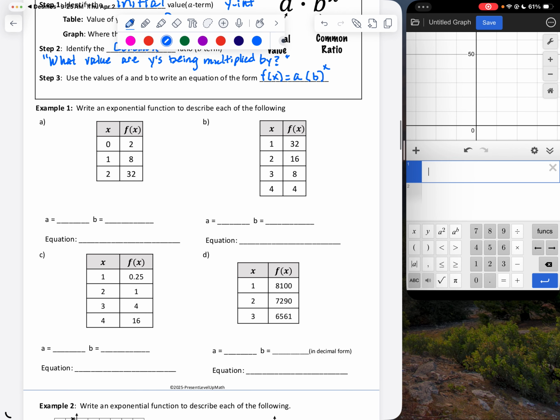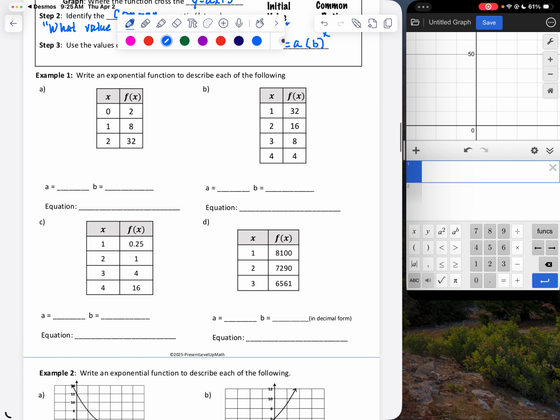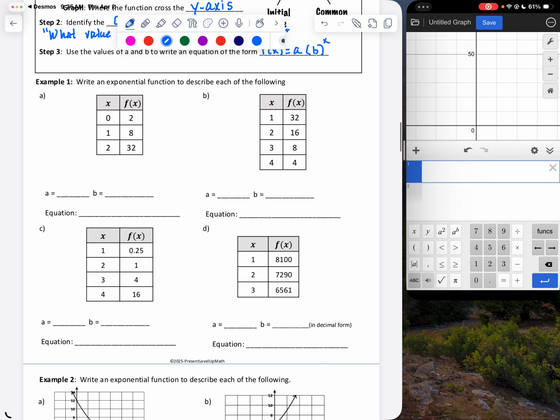So in example 1, it says write an exponential function to describe each of the following. In problem A, we already know it's given to us that this is an exponential function. So the first thing we want to do, step 1, is identify our a. So we look to see what is y when x is 0. From our table, we can see that when x is 0, the y value is 2.